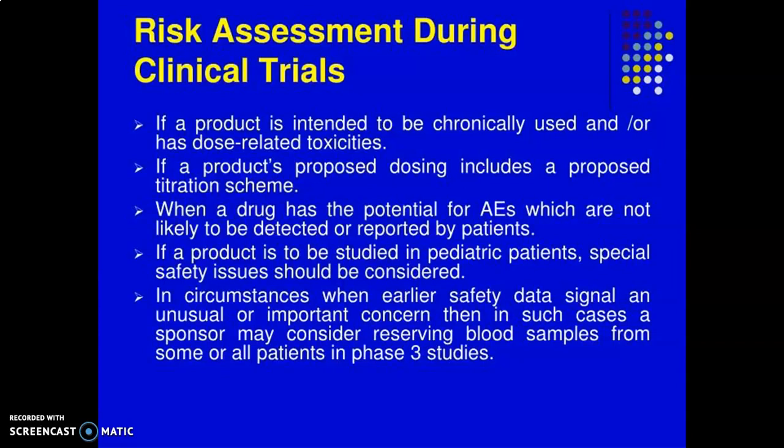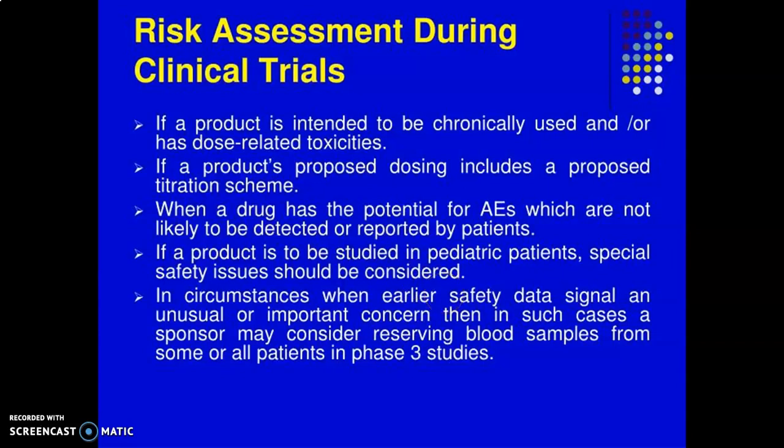Dose titration means adjustment of the dose by observing some of the vital signs, or some lab values also. Even when a drug has the potential for adverse events which are not likely to be detected or reported by a patient, in such conditions also risk may arise in future. Risk assessment should be done. If a product is studied in pediatric patients, special safety issues should be considered, because these are a risk population. We will be listing the risk populations separately. In such people, assessment should be done continuously.